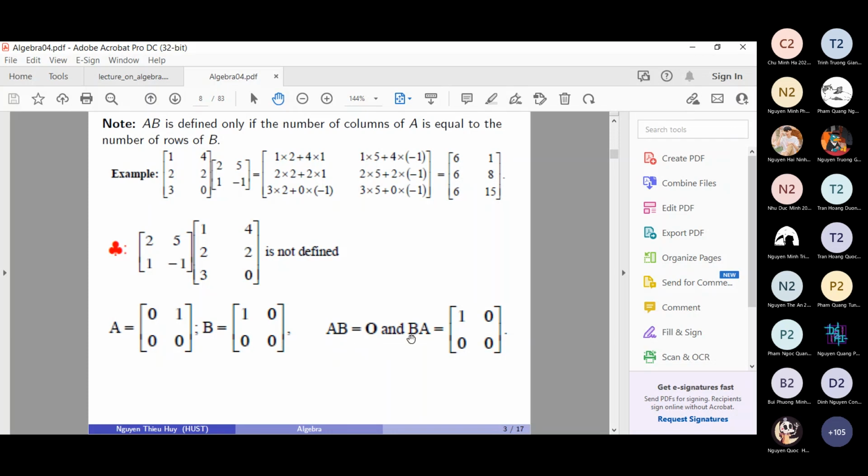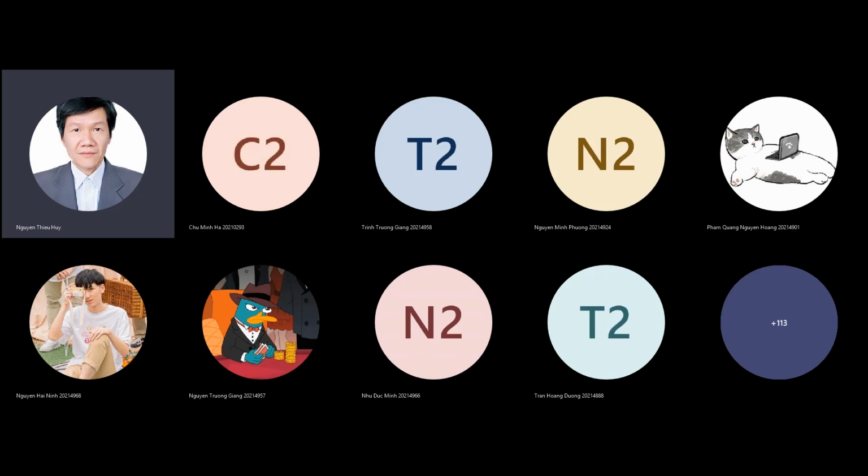But let's multiply B with A. You obtain this. So let me do the multiplication of B and A, so that you can see something stranger for matrix multiplication. I write here on the whiteboard.